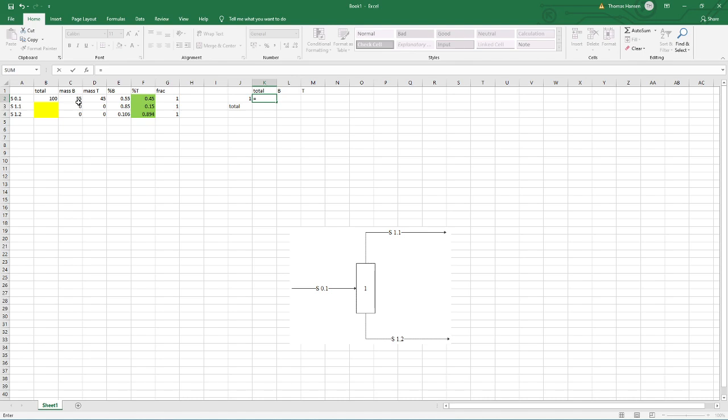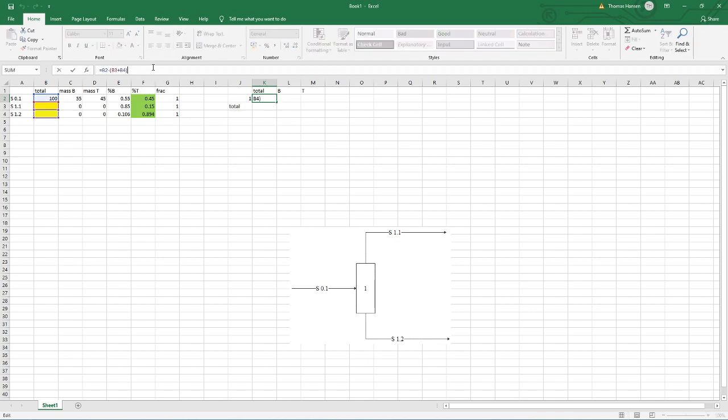That would be S01, so the total mass of S01 enters, and then we subtract the streams that exit. So in this case, that would be 1,1 exits plus 1,2 exits. Fairly simple balance. So now we have what enters minus what exits, and that should hopefully give 0 when we solve it.